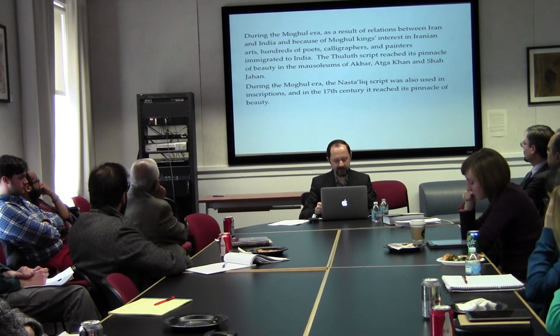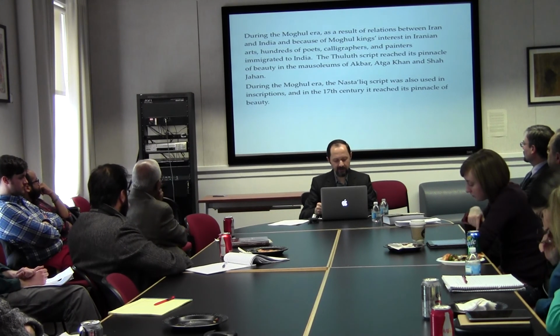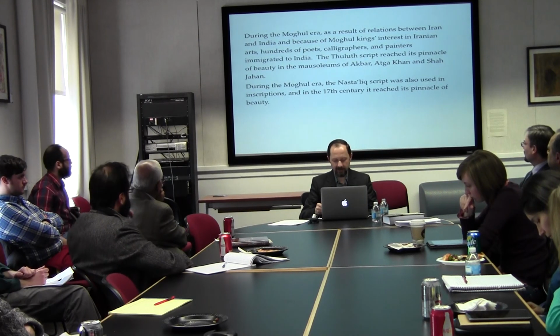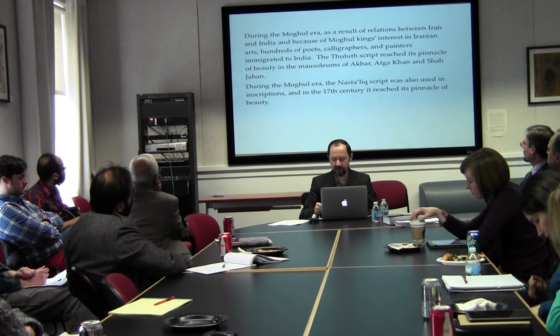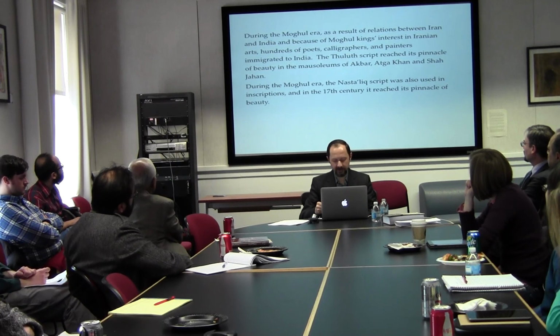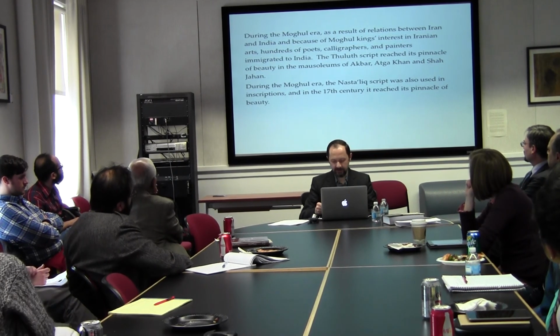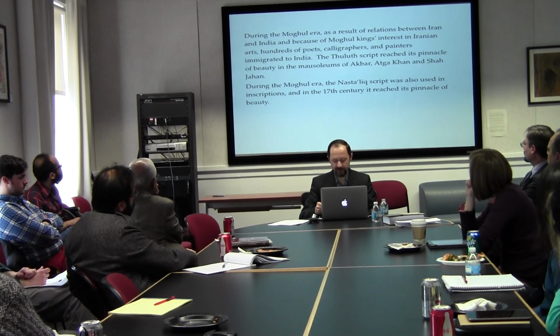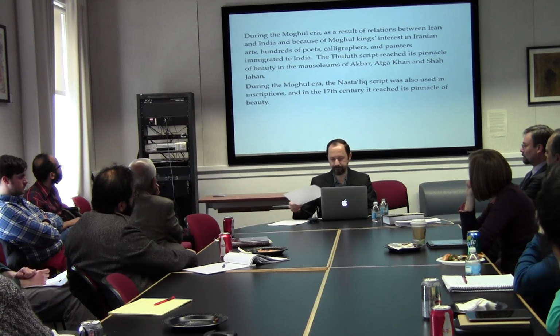The Sols script reached the pinnacle of beauty in the mausoleums of Akbar, Atqa Khan and Shah Jahan. During the Mughal era, the Nastaliq script was also used in inscriptions, and in the 17th century it reached its notable beauty.